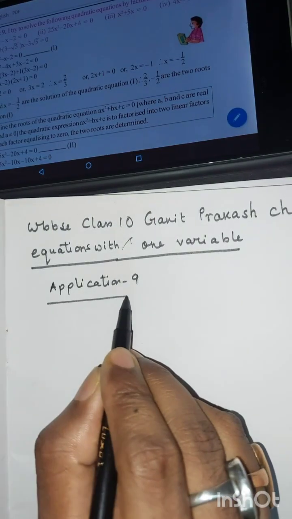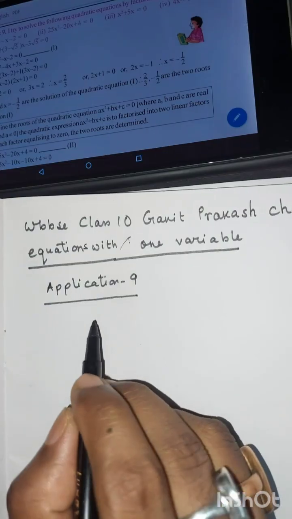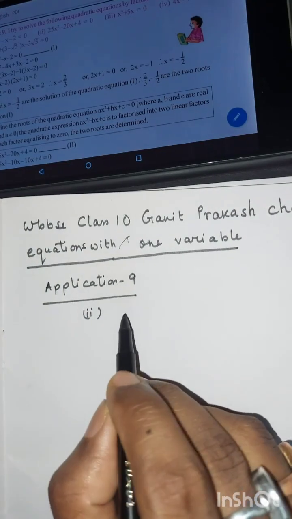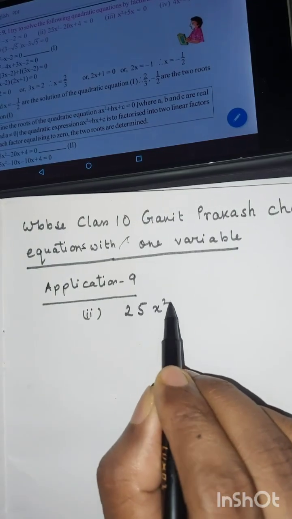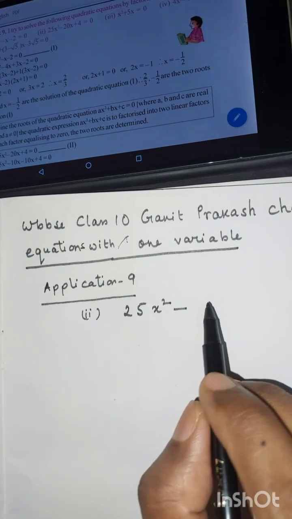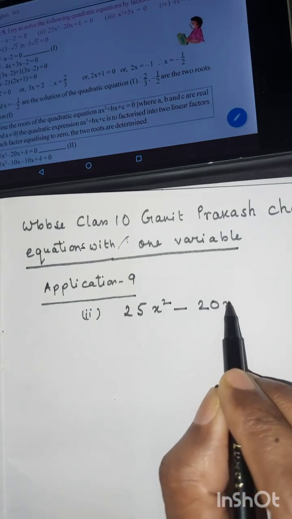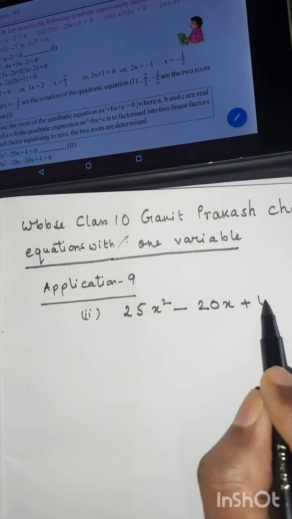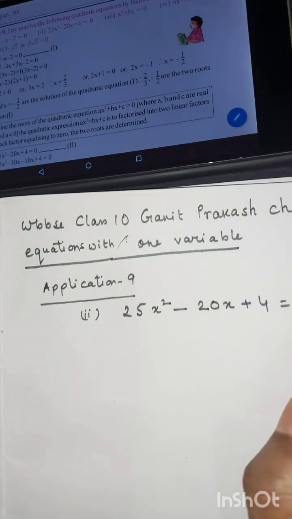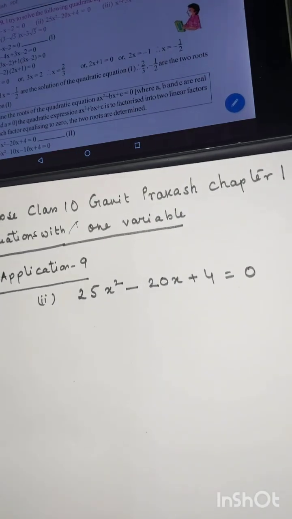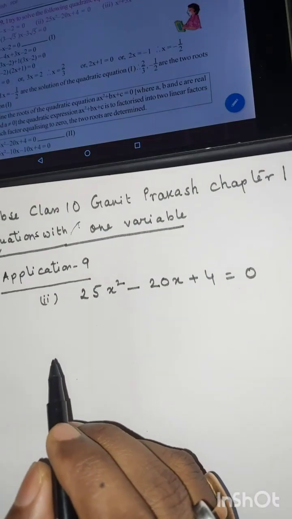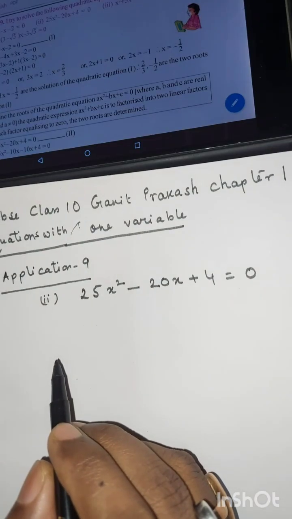Application 9, Roman 2, 25x square minus 20x plus 4 equal to 0. We are going to find the value of x by factorization.